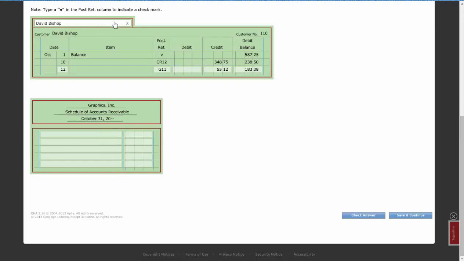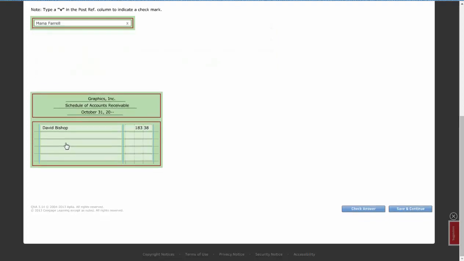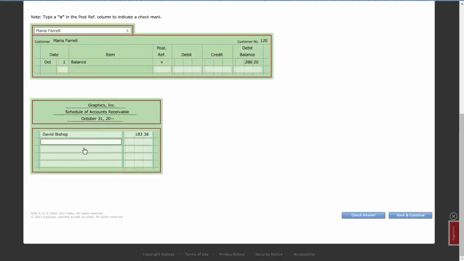Now, I need to go through and start with my very first accounts receivable account and put in the name of the account, which was going to be David Bishop. And he has a balance of $183.38. Then I choose the next item, which is Maria, for $286.20.